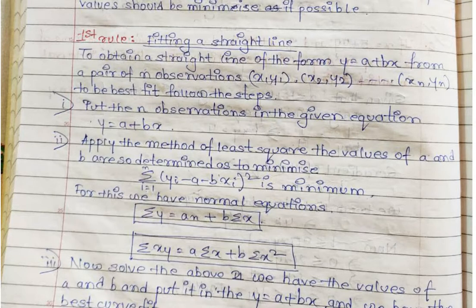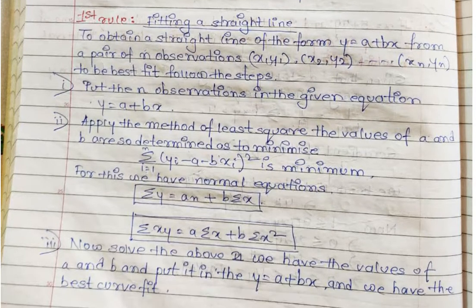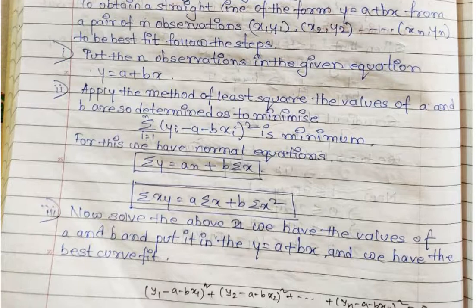Here we have to take the difference for each term, yi minus a minus b xi, take the square of every term and then take the sum, and we want to get the minimized value of that summation, so that the error is minimized. That is the technique. But to minimize those values we will come to some normal equations.